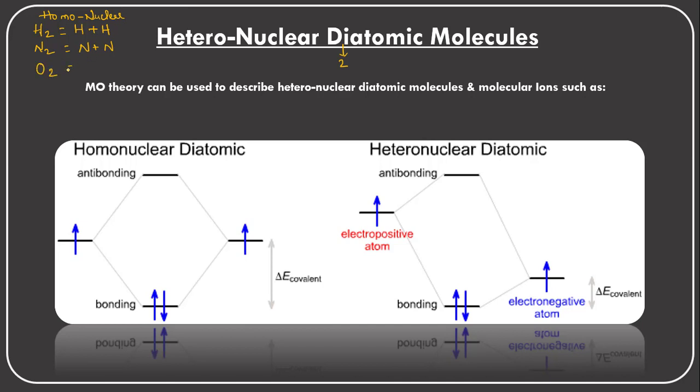Similarly, O2 is also the combination of two oxygen atoms. Both atoms and both nuclei are similar, and they belong to oxygen only, one element only, so these are homonuclear diatomic molecules.